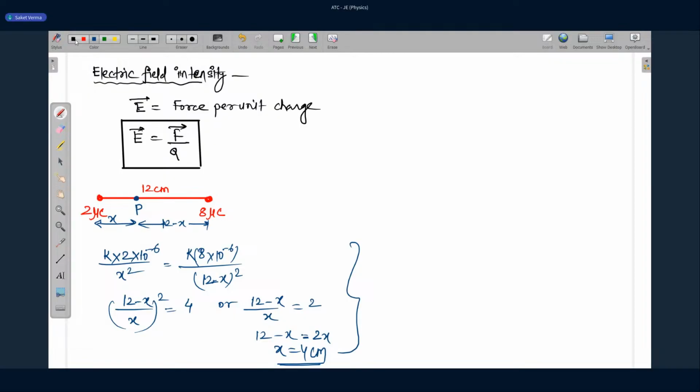And yes, electric field due to point charges, I will write it here.